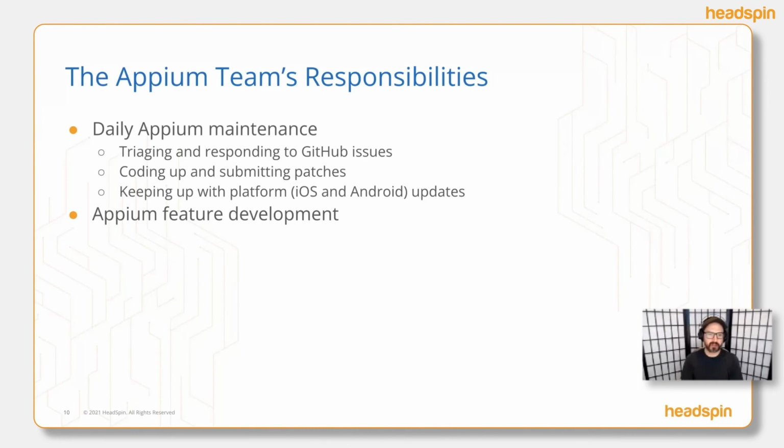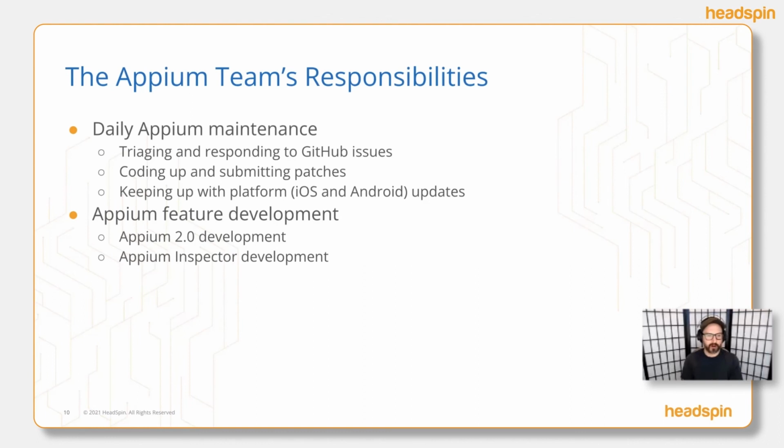But then sometimes there's more of a roadmap, as is the case right now for trying to get Appium 2 out the door. So that's one of the big things that we're working on at the moment, is getting Appium 2.0 complete. It is basically complete in terms of its features, which I'll talk about in a second.